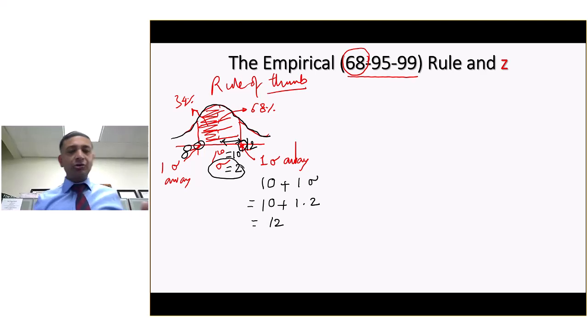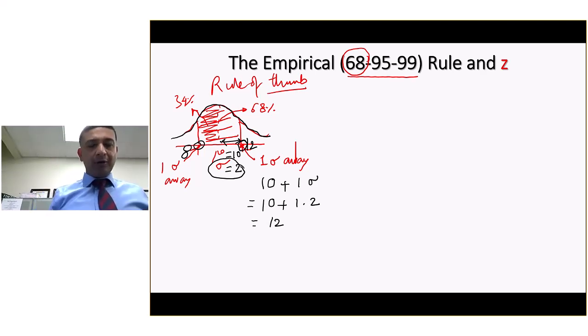So all you are saying is, according to this rule, if your data is normally distributed and you arrange that data in order, this is the distribution of data that goes from a certain minimum value to a certain maximum value.